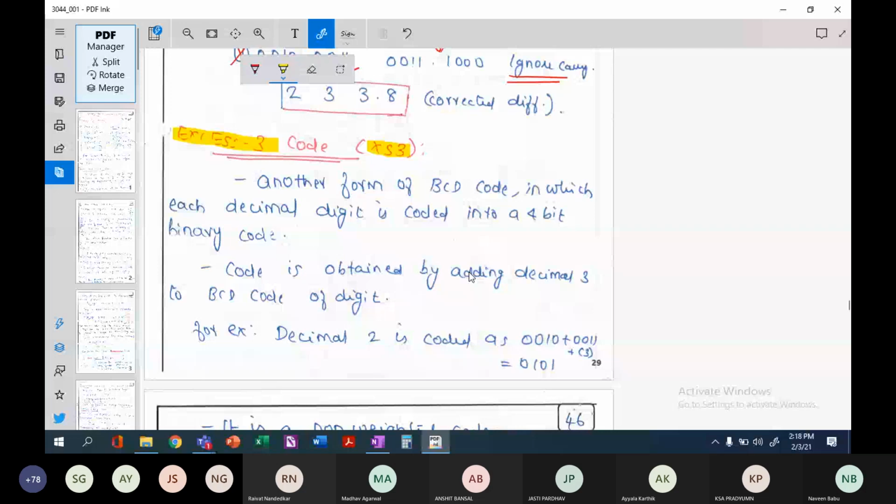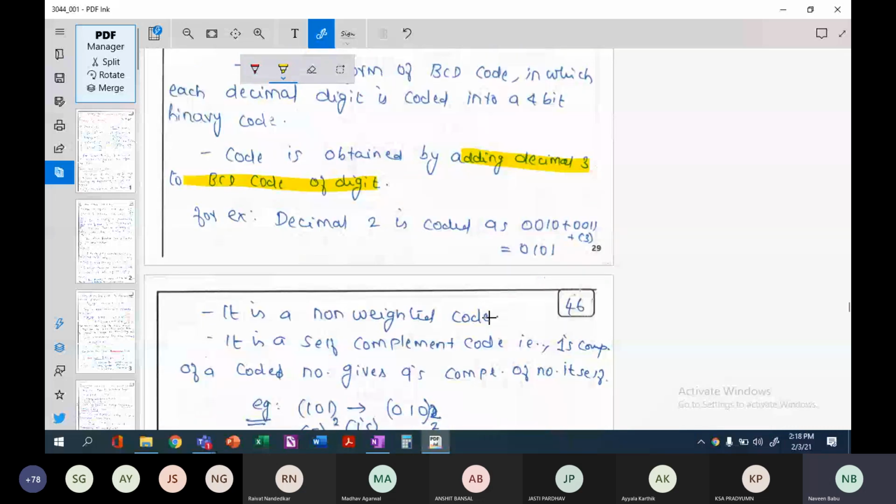Meaning, if say for example you have a decimal value of 2, then what is the BCD code of 2? It is 0010. This is your BCD code. Now what is your XS3 code? You add 3 to it. What is 2 plus 3? 2 plus 3 is 5. So 5 is 0101.